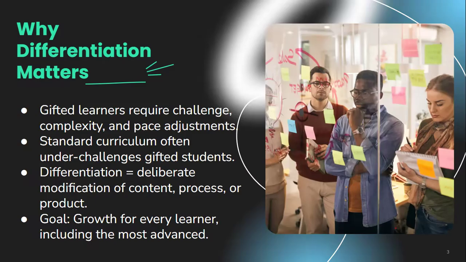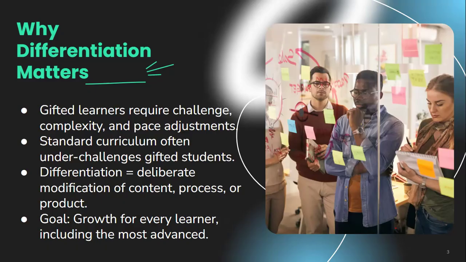Differentiation is the cornerstone of effective gifted education because it ensures that all students experience growth, not just those who are struggling or on grade level. For gifted learners, growth often means adjusting the pace of instruction, deepening the complexity of content, and providing opportunities for creative or higher order thinking.